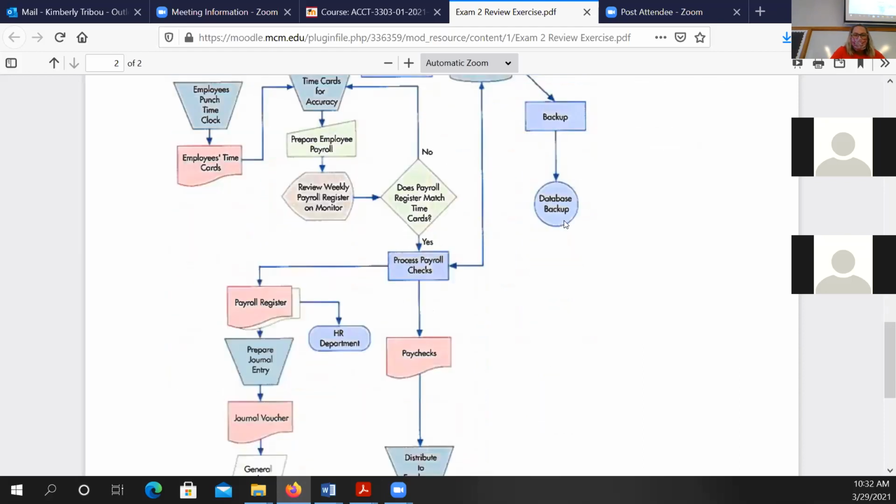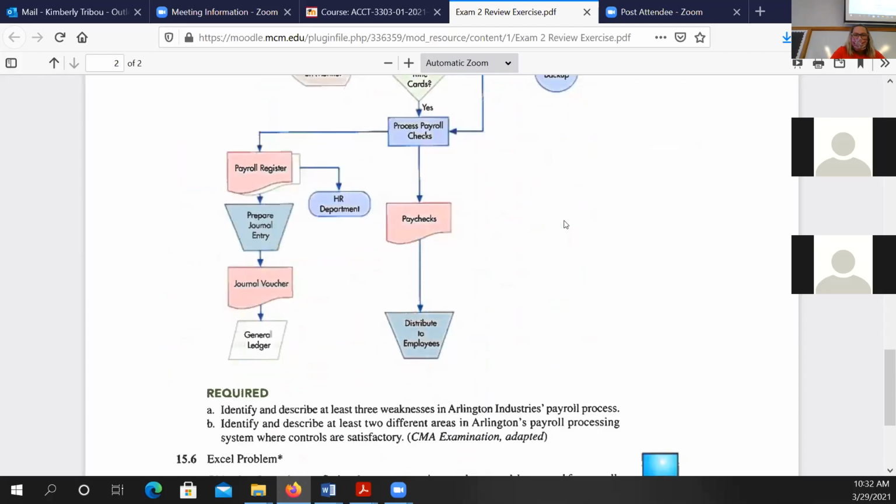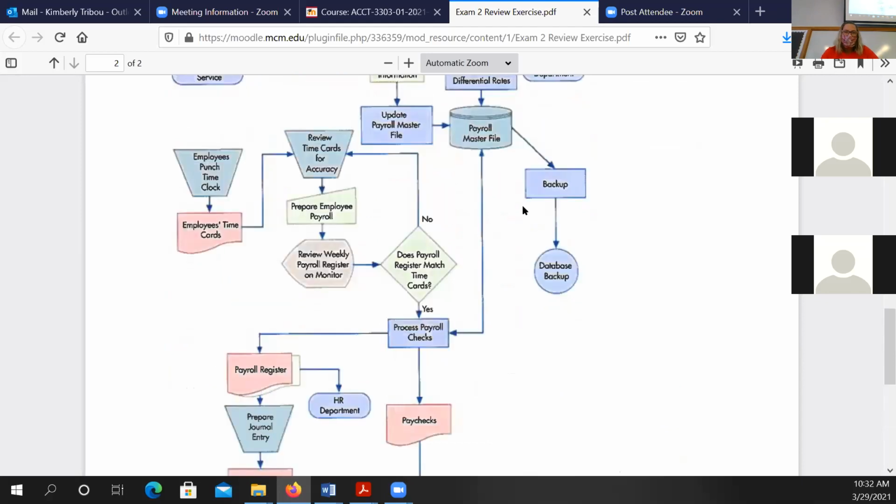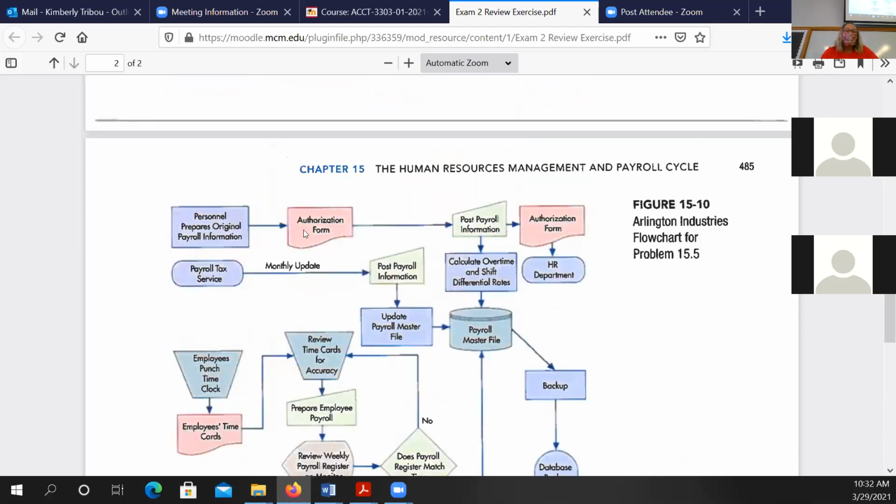Do we see any other inputs here? Yep, the monthly update for the payroll tax. So that's an input. It's also, well, it's a process and an input.